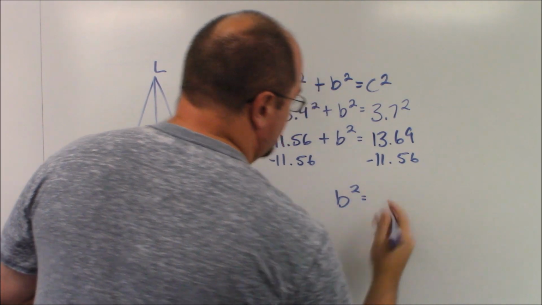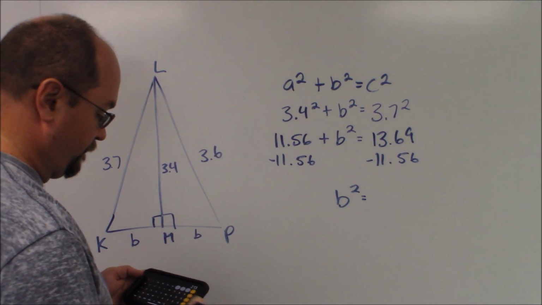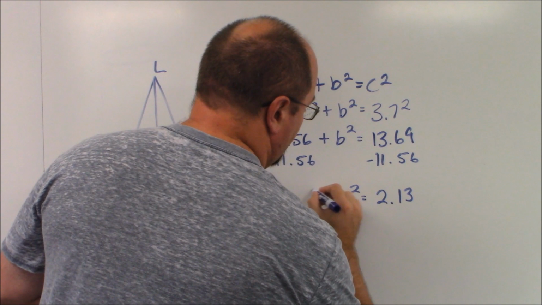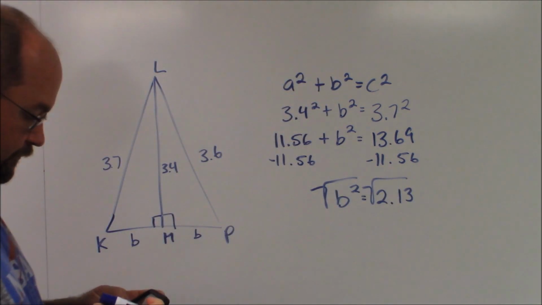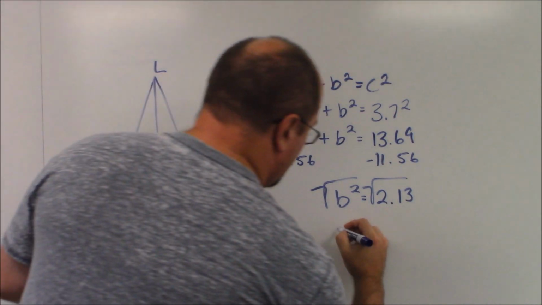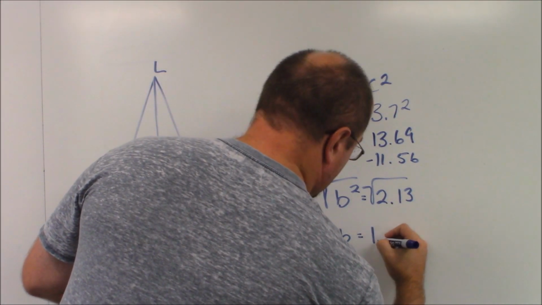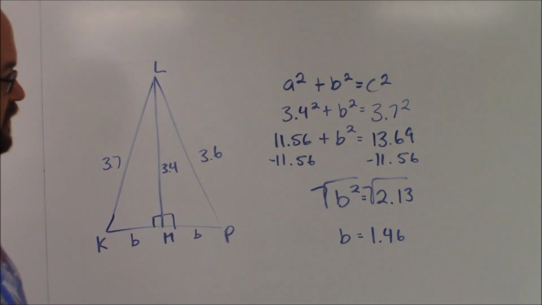So b squared is going to equal 2.13. And then I find the square root of 2.13, and I'm going to treat that as 1.46. I think going to the hundredths place would be just fine.